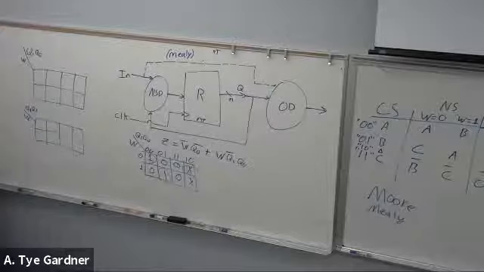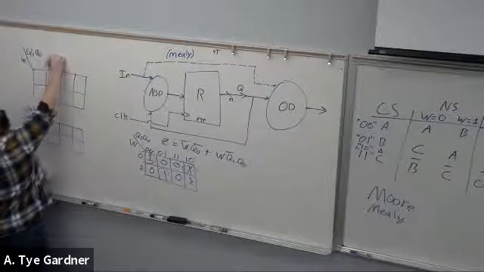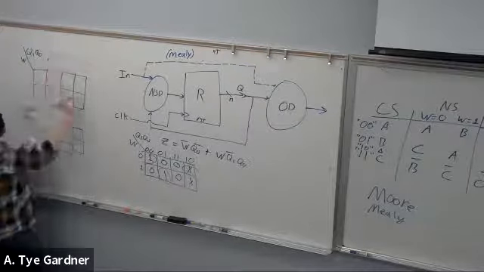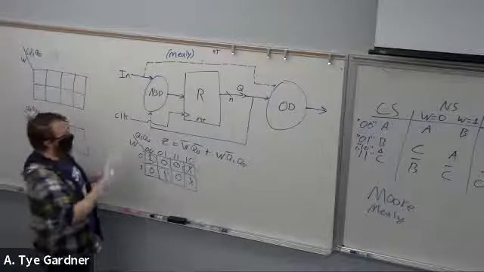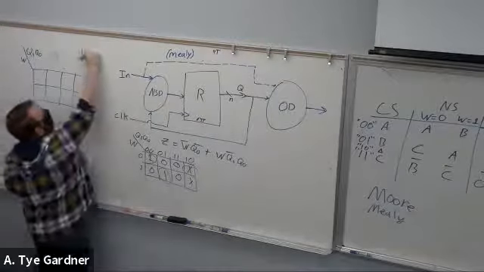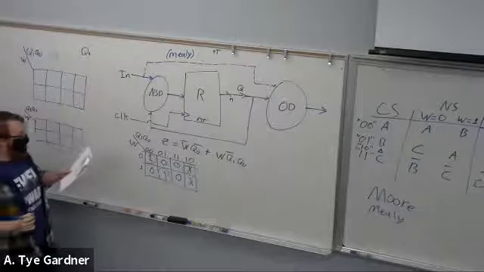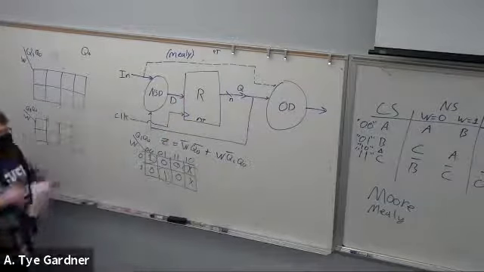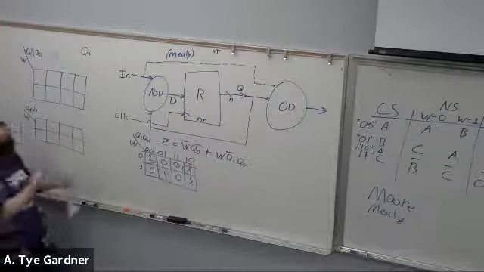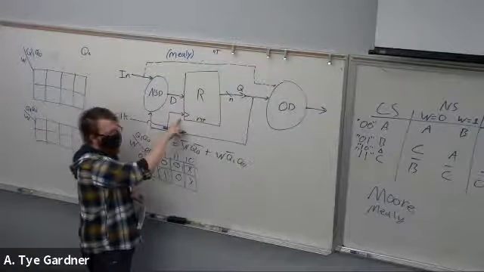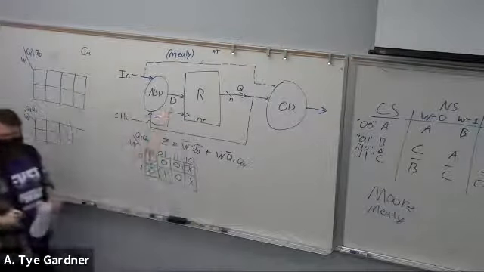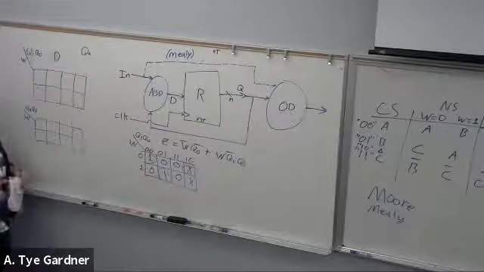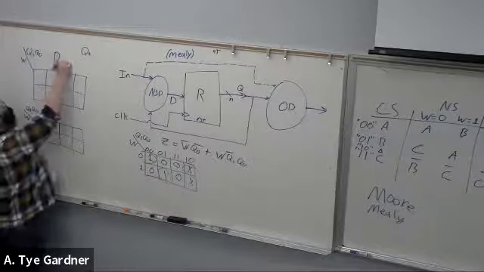Exactly, because A, B, and C are both 2 bits. So if I don't call this Q, because Q is the input, I could do Q positive or something like that. That would be an OK notation. I'm going to call it D. So the next state, what gets updated into the register on the rising edge of the clock, is called D. And D, just like Q, must have 2 bits.